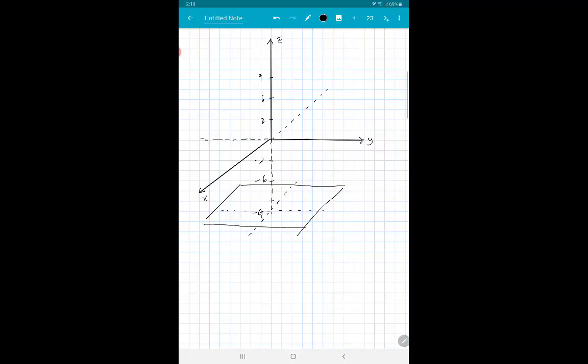And then we have z equals 0, which is the xy plane. And we also have z equals 7, I think. It's probably here. That is z equals 7. So we're going to sketch different level curves for different values of z.